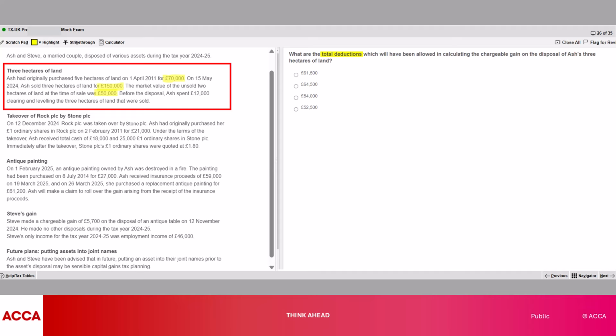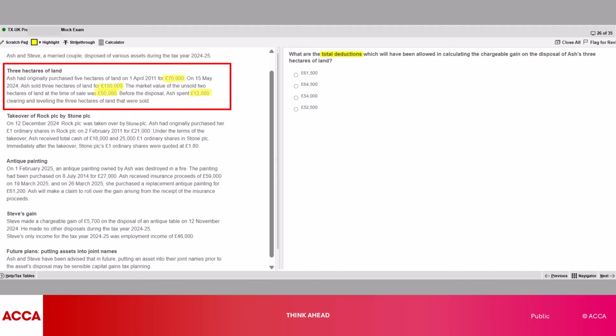The tricky bit is that we also have £12,000 that has been spent clearing and levelling the 3 hectares of land that were sold. Now that is an allowable cost, and that £12,000 relates completely to the part of the land that's been sold.